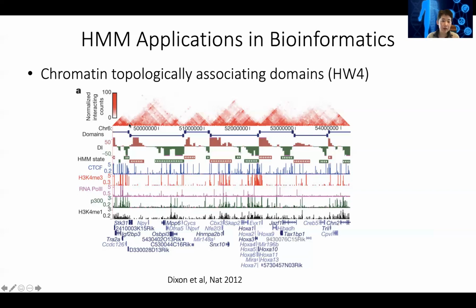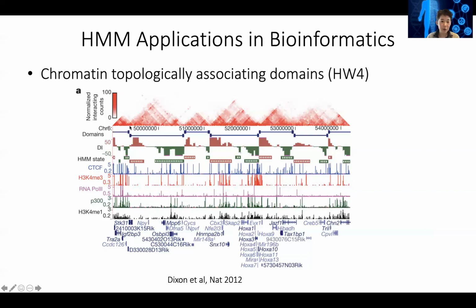If we look at this region, there are assays to detect how things interact. This is calculating whether that interaction is biased for one side or the other. If you have even interaction, this actually is one domain.